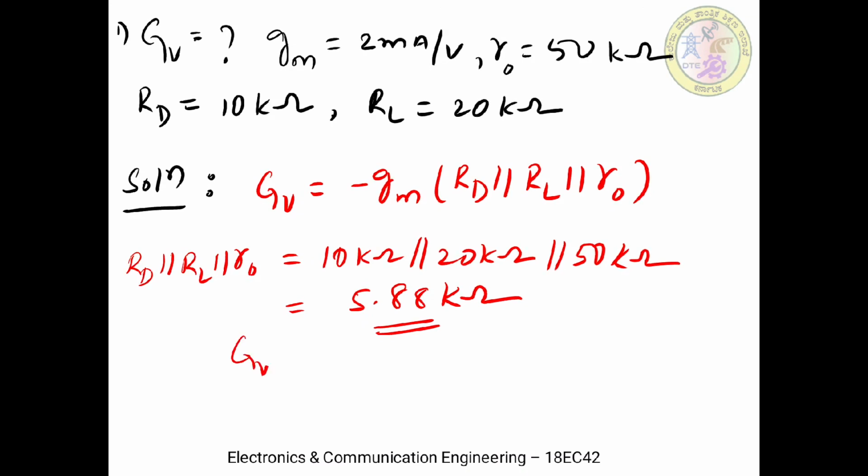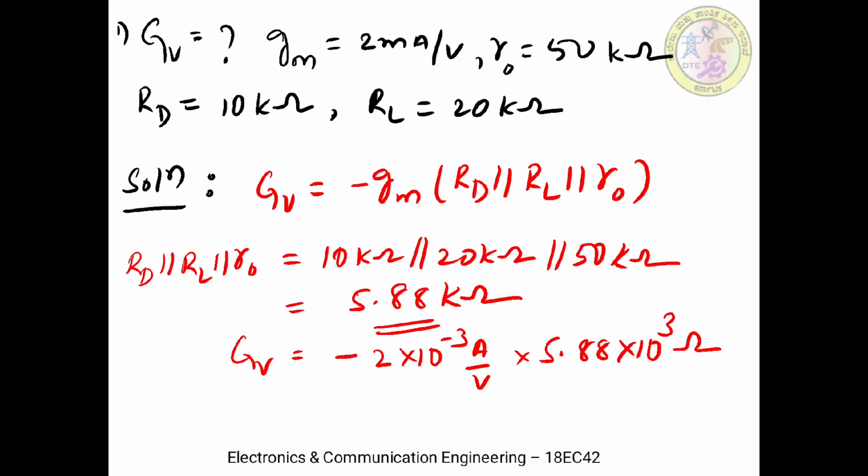So GV is equal to minus GM, 2 milliampere per volt, into the resistance. How much is it? 5.88 times 10 to the power of 3, that is kilo ohms. So the minus 3 and plus 3 cancel, and minus 2 multiplied by 5.88 gives minus 11.76.